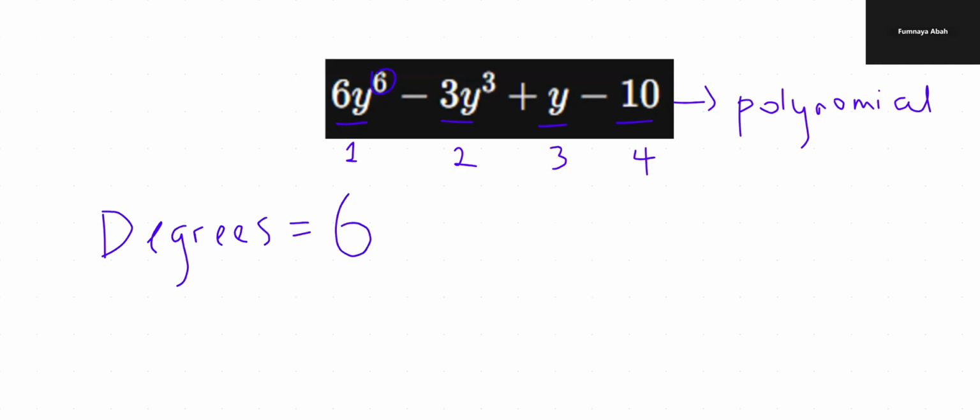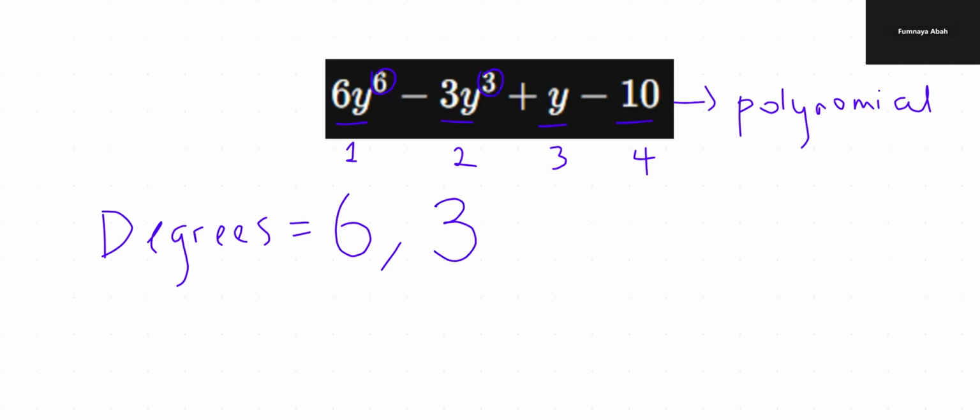Okay. And then the second term is negative 3y raised to the power of 3. Again, we can disregard 3 and focus on y raised to the power of 3. It is raised to the number 3. So the degree of this term is equal to 3.